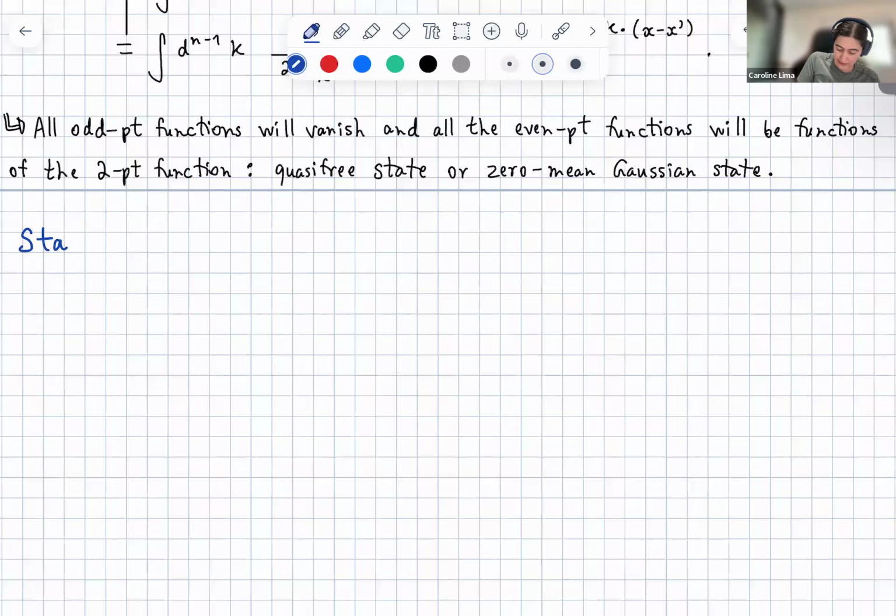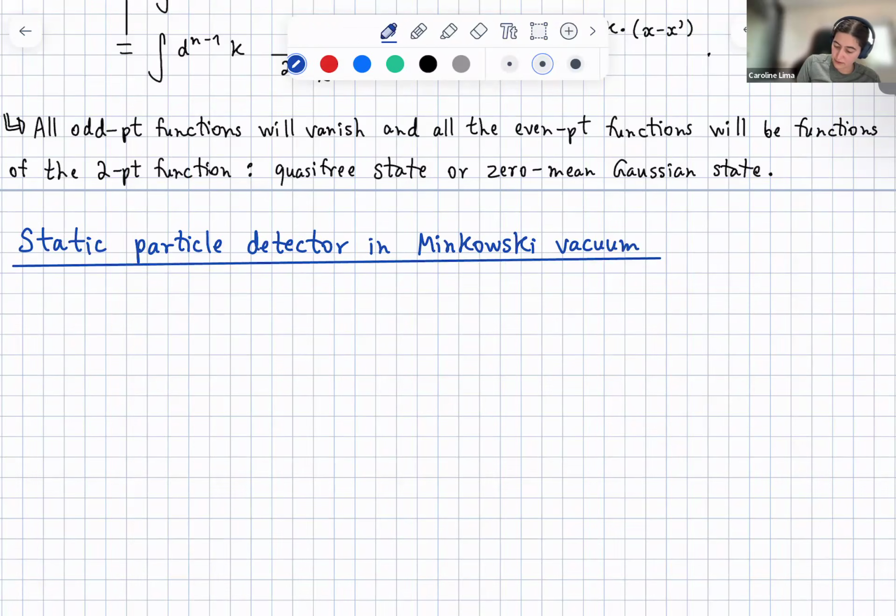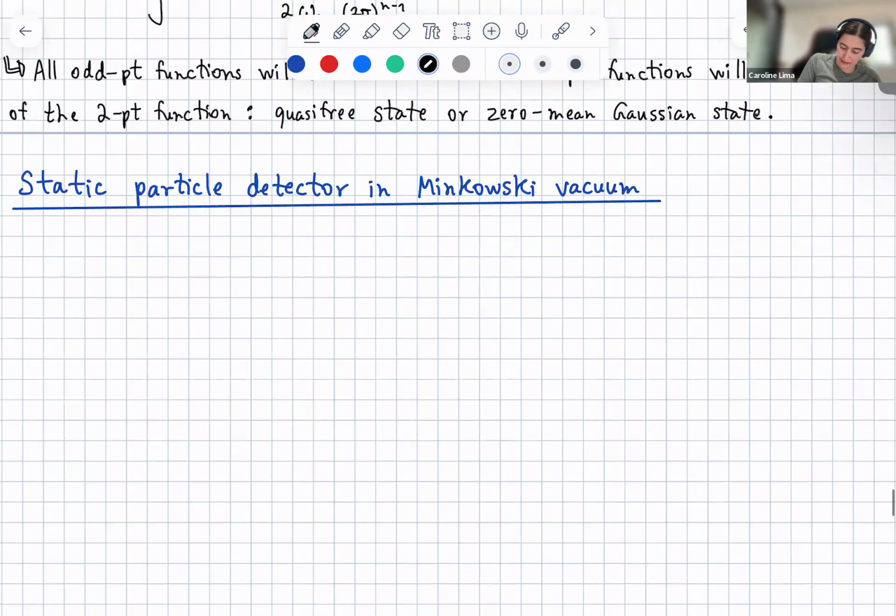So I'll discuss the case of a static particle detector in the Minkowski vacuum. Here, again, I will consider the detector to start in the ground state.